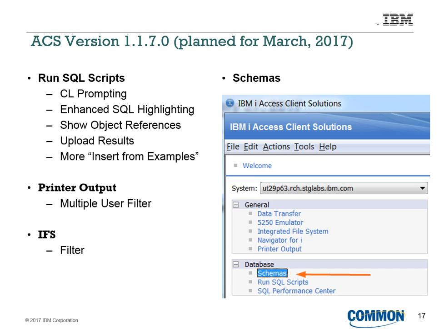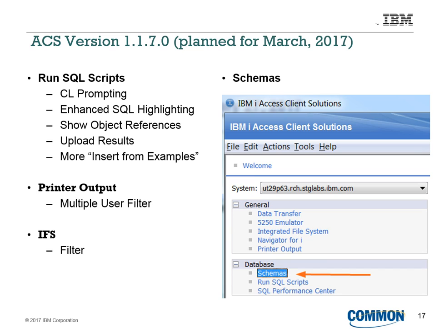Upload results allows you to take the results of an SQL query and save it to a DB2 file of your choice. So we're calling it upload. You could call it save as DB2 file. And more insert from examples. All those services I mentioned previously and other things, we build working examples into this tool to make it easier for clients to leverage both the new capabilities and get things done in SQL.